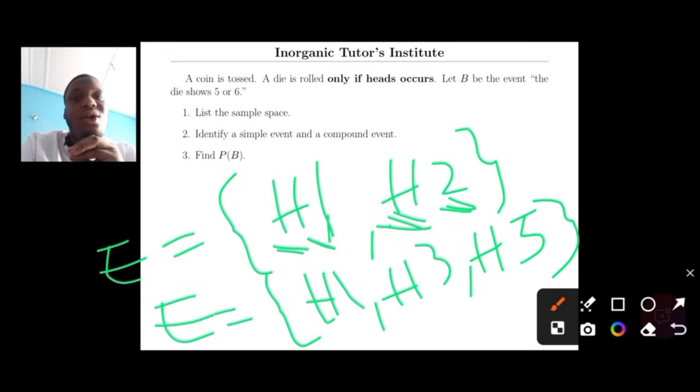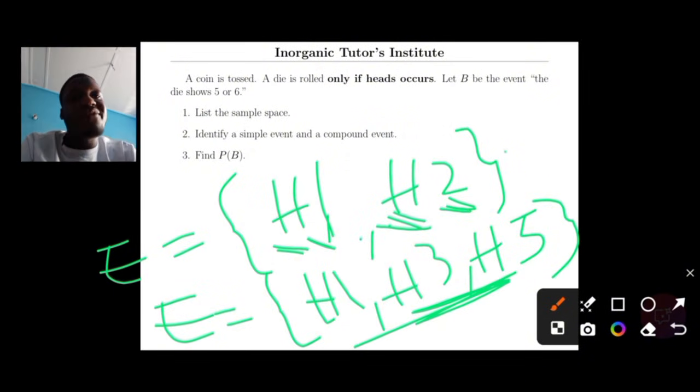Hey, sorry, an odd number. Okay, so head 1, head 3, head 5, they are all events satisfying what I just said. Tossing a head and rolling an odd number. You get this. Or you can even redefine this as the event of tossing a head and rolling a number less than 3.